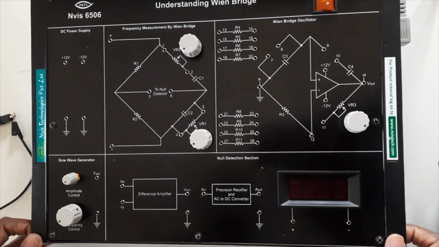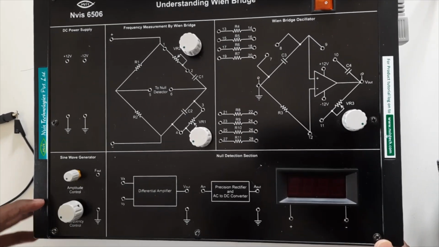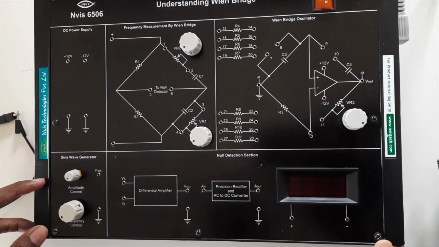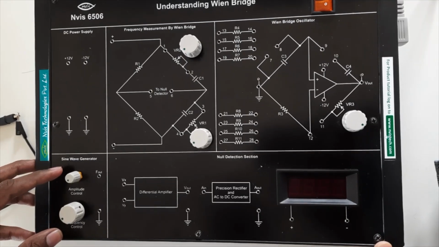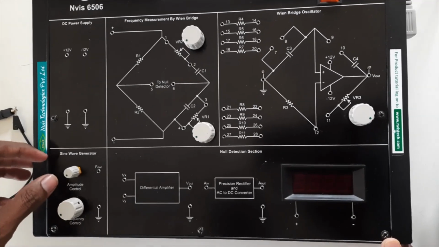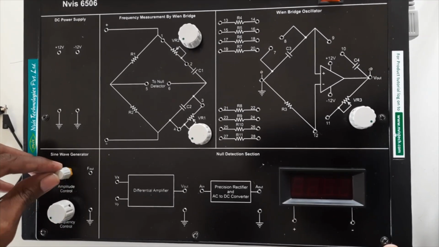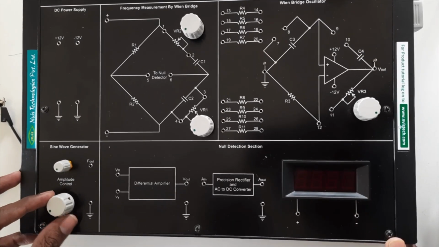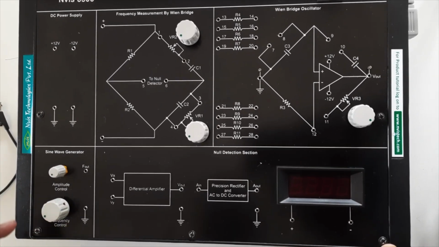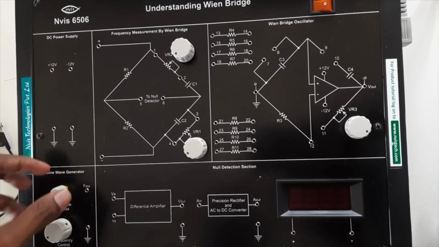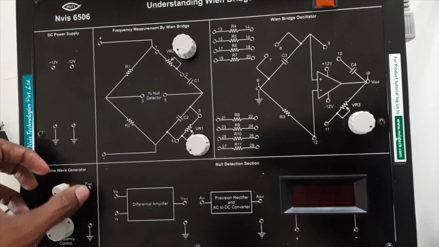So these are the specifications of this NVIS 6506 kit. Coming to the setup, this kit has an internally generated input, that is a sine wave generator, whose amplitude you can control with the help of this knob, and whose frequency you can control with the help of this knob. The terminals of this input are indicated as F out and ground.